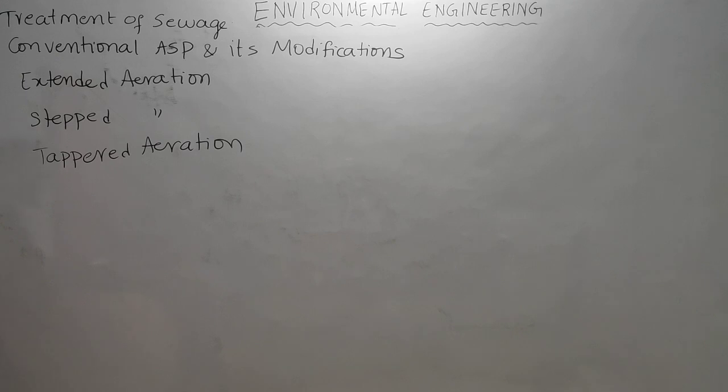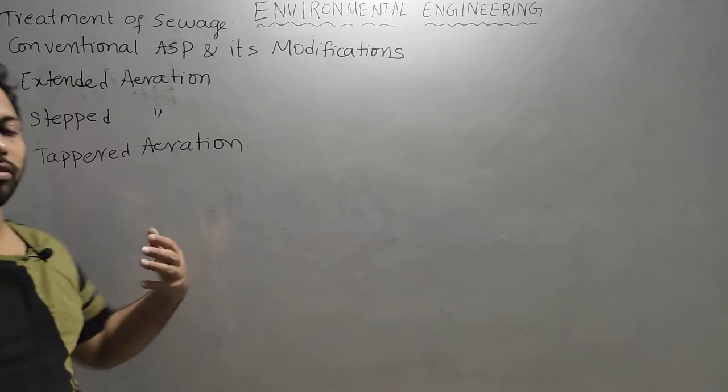So here, extended aeration. I have already told you what is meant by stepped aeration and tapered aeration. Extended aeration is when the food to microorganism ratio is kept lower. So we are keeping less food, more microorganisms, and the detention time is kept more. That means we are giving extended aeration, which is not necessary, that much aeration we are giving.